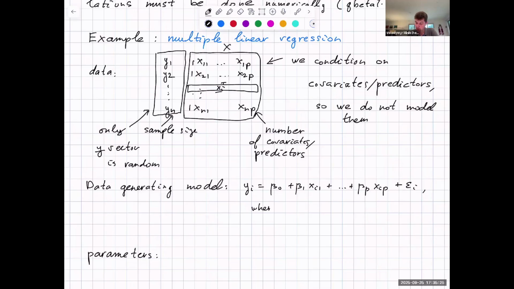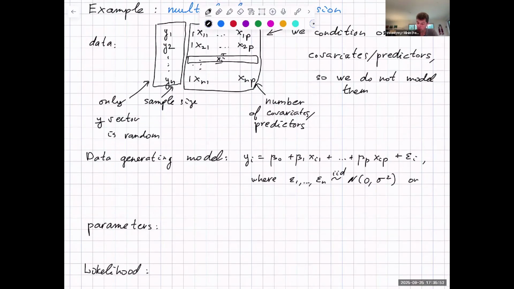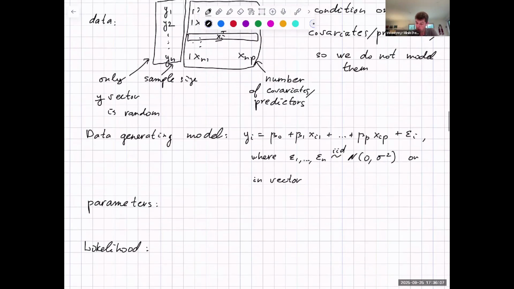We think that the error terms, epsilon 1 up to epsilon n, are IID, independent and identically distributed, as a normal distribution with mean 0 and variance sigma squared. So the noise is just some random perturbation. Or in vector form, if we denote each x_i as a vector, which will be easier for me to write later, more compact. You can also use matrix form, but I think for us vector is sufficient.